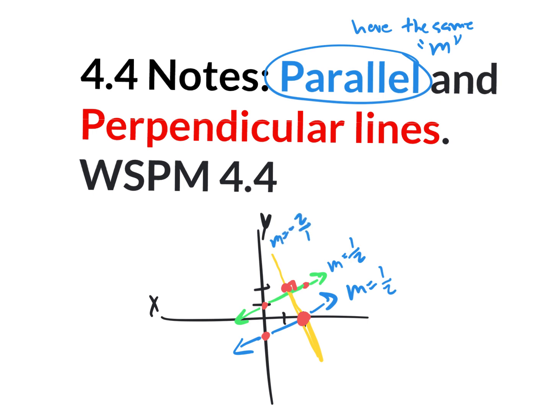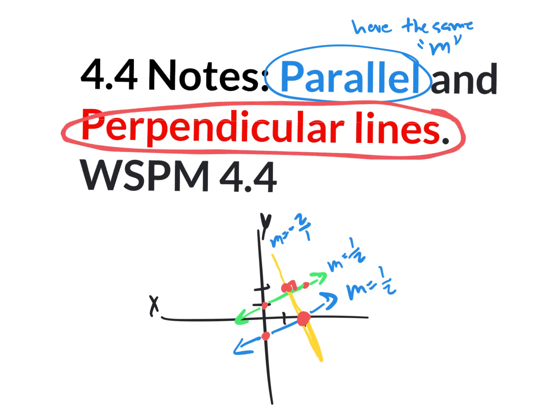So when we talk about perpendicular lines, and when you compare this slope right here of the yellow one that's -2 over 1 and compare it with this green one that's 1 over 2, what do you notice that's different between this slope and that slope? This one is what? Positive or negative? Negative. This one? Positive. Okay?